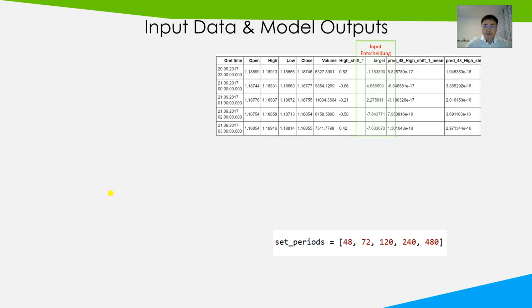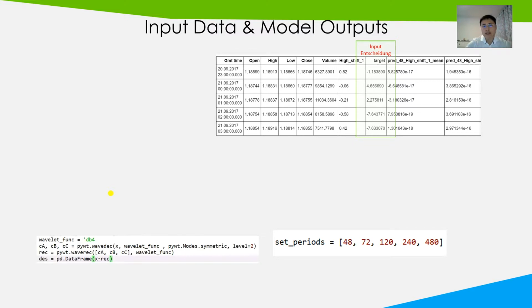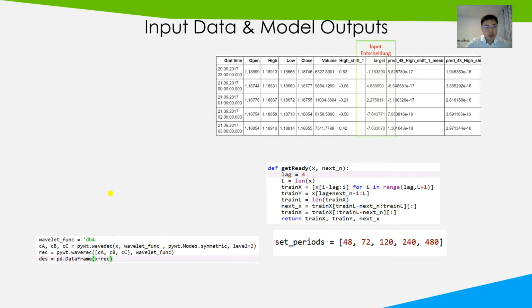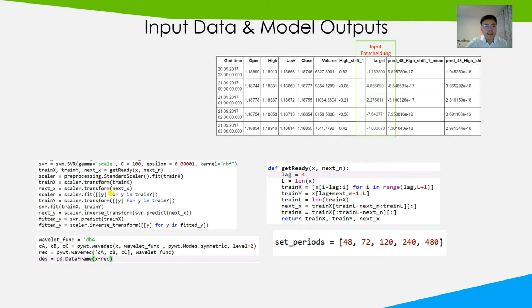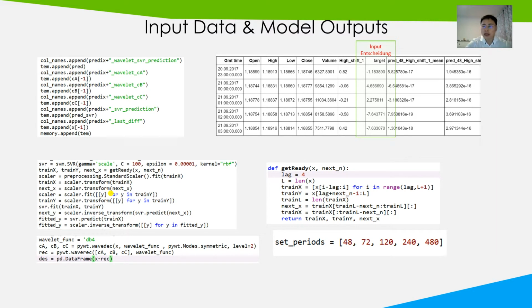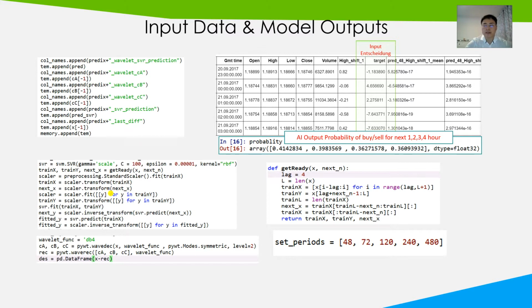I defined the basic elements, the period of the models, decomposed the signal, prepared the input for support vector regression, got the prediction value, put them together, and saved them in a CSV file. For the next step, you can see the results for the next 1, 2, 3, or 4 hours are just probabilities, and we can use much more complicated models to improve those results.